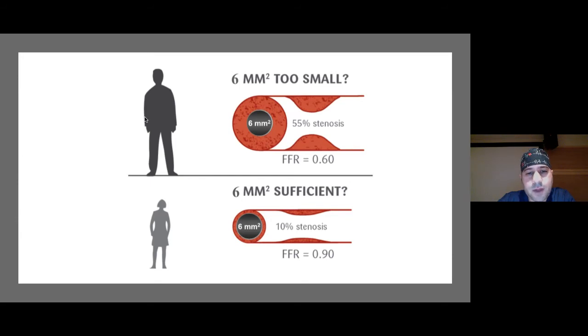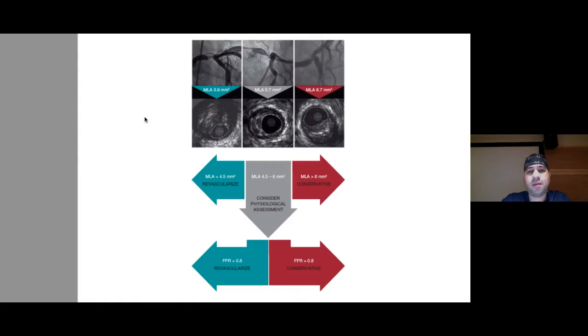Whereas if you have a female with a body surface area of 1.5, a left main with a 6 millimeter squared area is sufficient for her, and the FFR would be negative. So it became important to have an algorithm to assess patients with left main. If you look at this algorithm, if you had an MLA less than 4.5, then this is definitely significant and the patient should undergo revascularization.